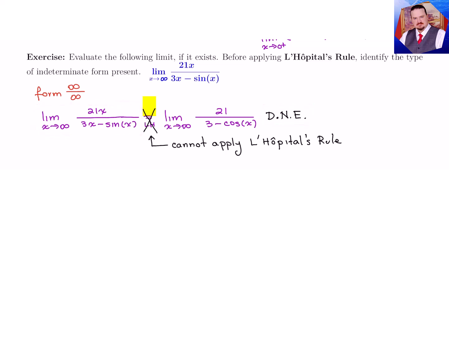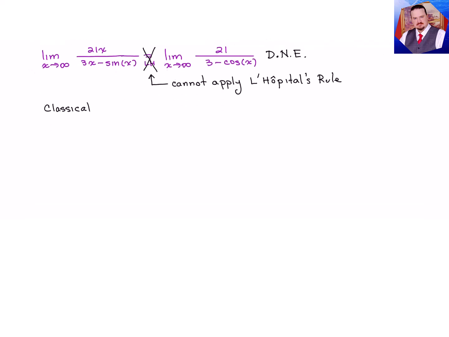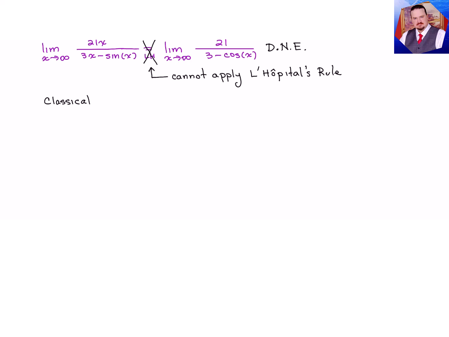In fact, we could do it with the Calculus 1, the classical approach. So let's go ahead and work it using the limit techniques that you would learn before L'Hopital's rule.